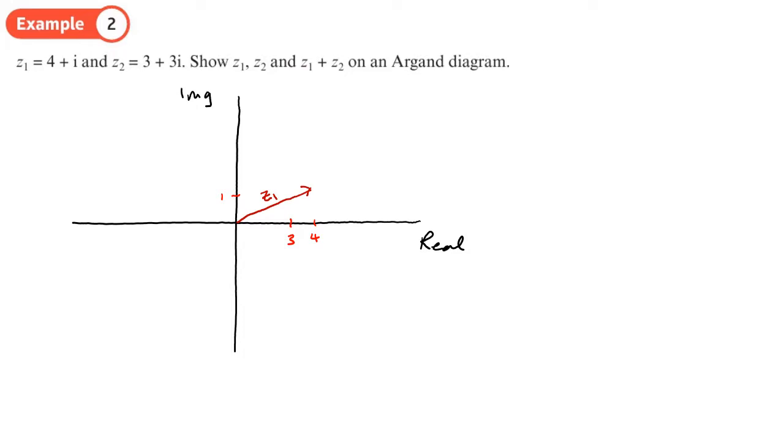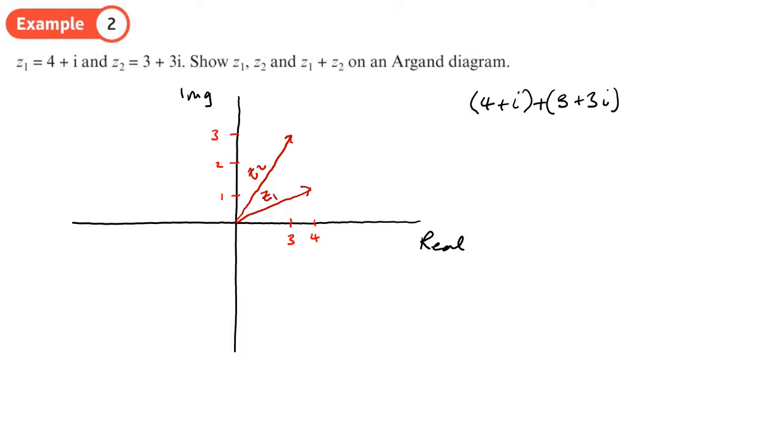As I said, none of this is to scale. Really it's sketching, or showing. It's not plotting. So 3 and 3, it's going to look something like this. That's Z2. And then we need to show Z1 plus Z2. So Z1, which is that, plus Z2, which is this.